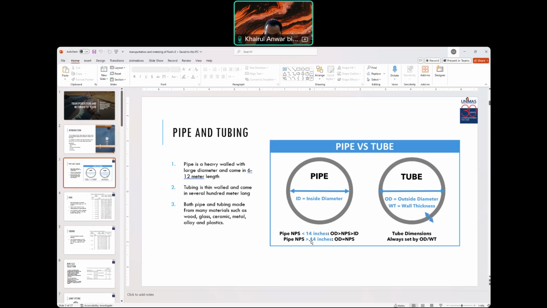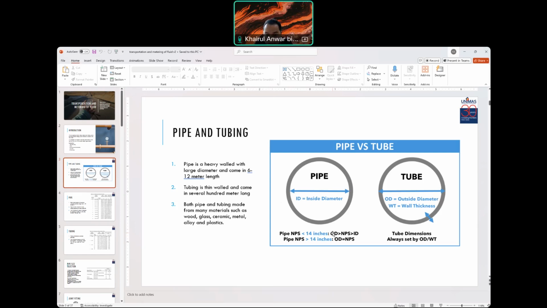For pipe less than 14 inches, OD refers to outside diameter, so the OD must be more than the NPS, and the NPS must be more than the ID.